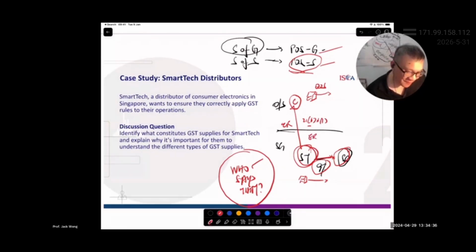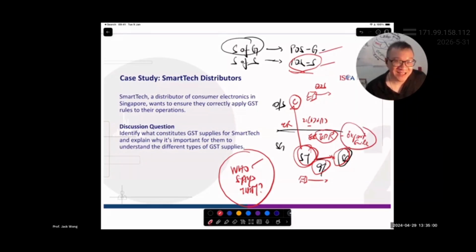It is by way of something I call EDR, which is the export documentation requirement. The Controller of GST has to be satisfied that the export documentation requirement is satisfied. What do I mean by that? Go and review the export guide. The export guide actually explains what the Controller of GST is looking for.